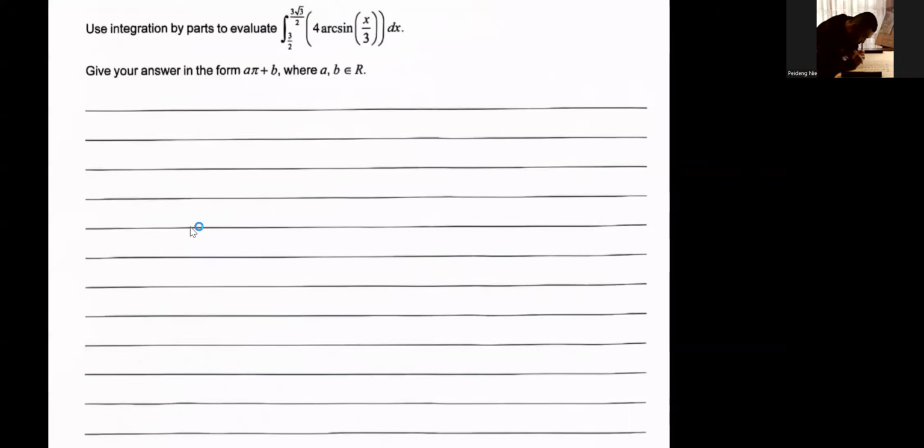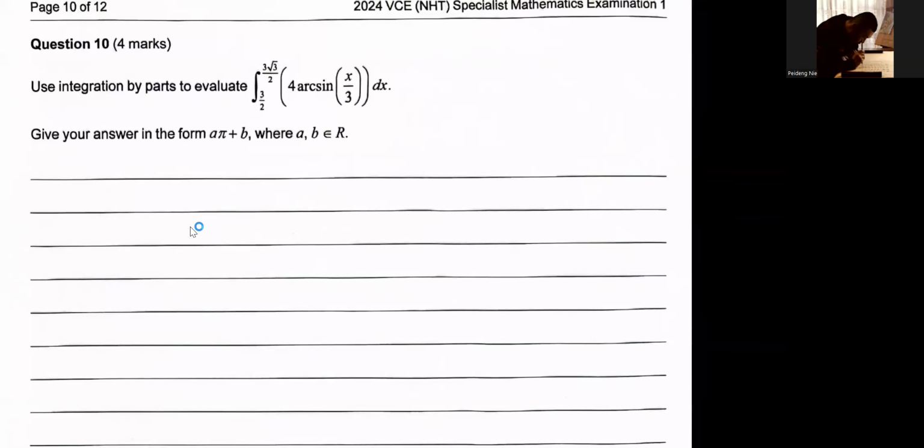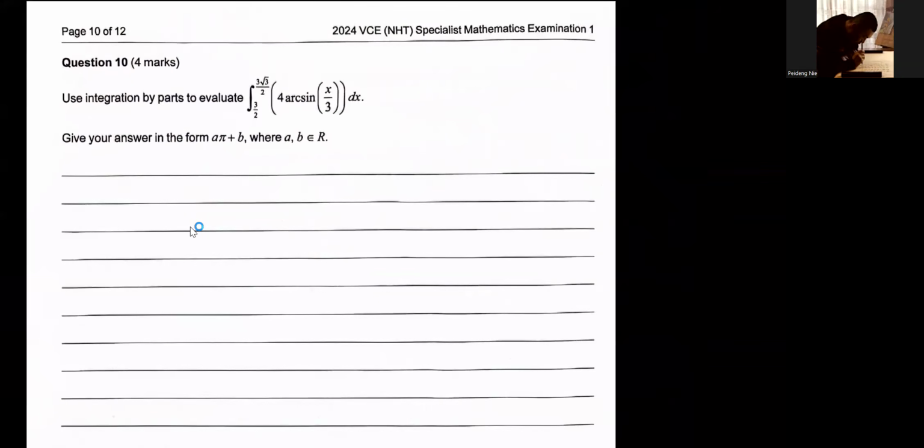Last one. Use integration by parts to evaluate the integral from 3/2 to 3√3/2 of 4 arc sine of x over 3 dx. Give your answer in the form a pi plus b, where a, b are real numbers. Basically, you could say your u dash is 4, and your u is 4x.